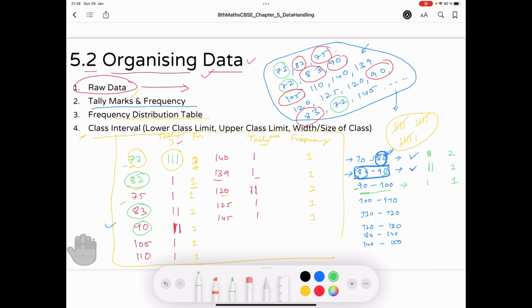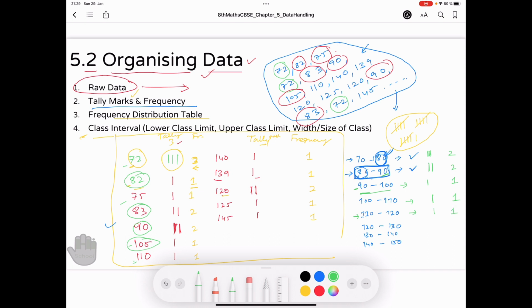Then 100 to 110: 110 will not be considered here, but in the next class. 105 is in between 100 and 110, so frequency 1.